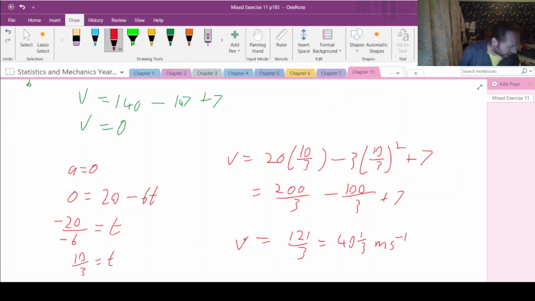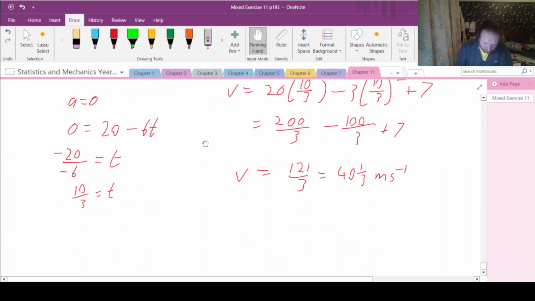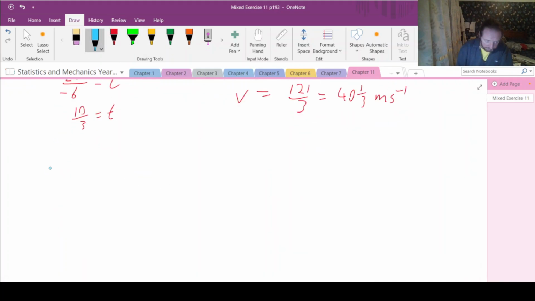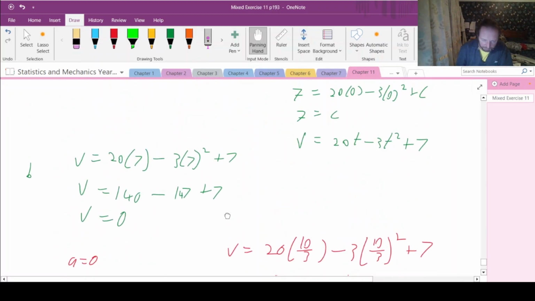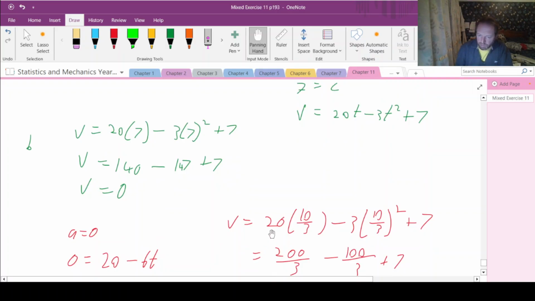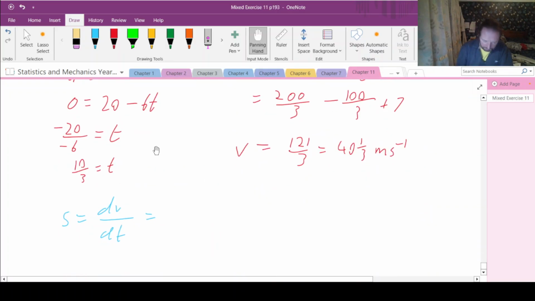Okay, find the distance travelled by P in the interval 0 to 7. Since we've got the velocity equation, we can find the distance equation, because distance is the integral of the velocity, which we know up here: 20t minus 3t squared plus 7.